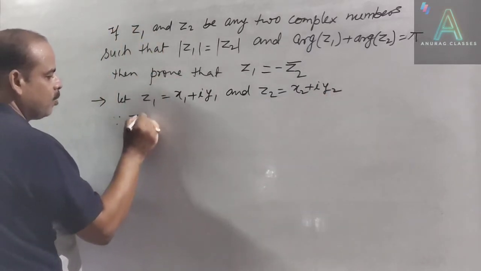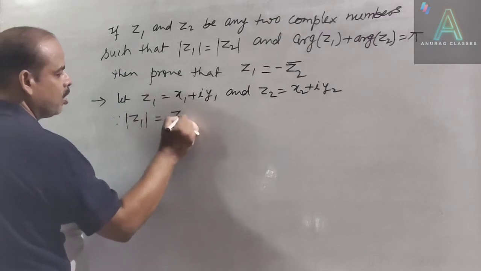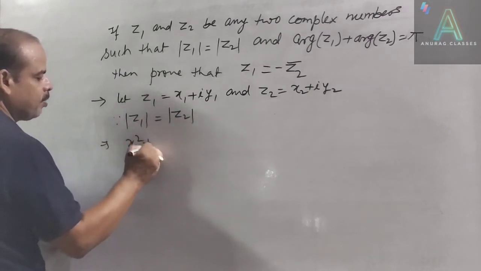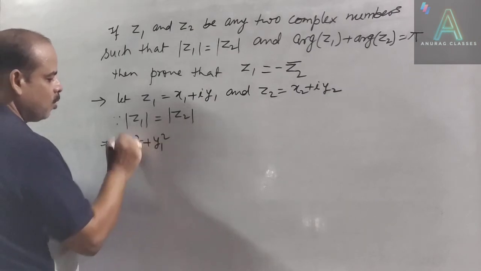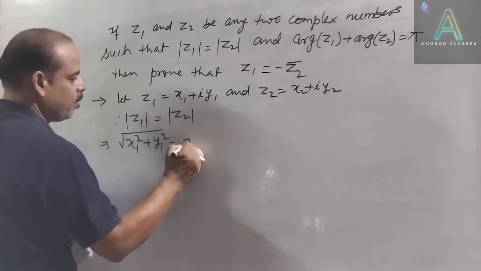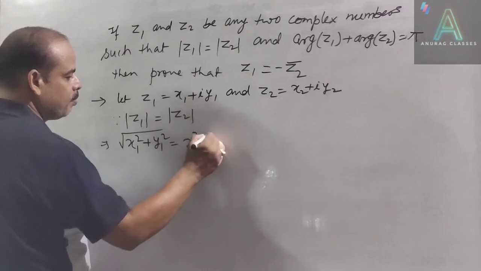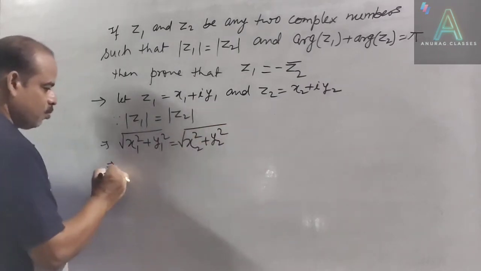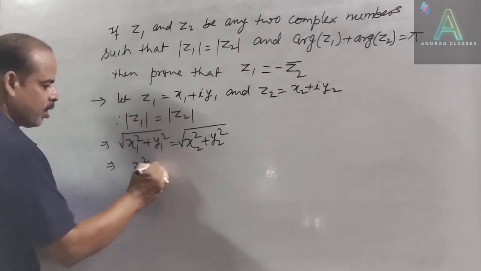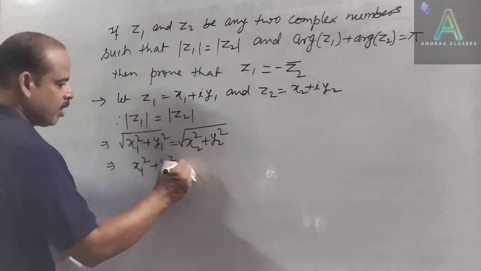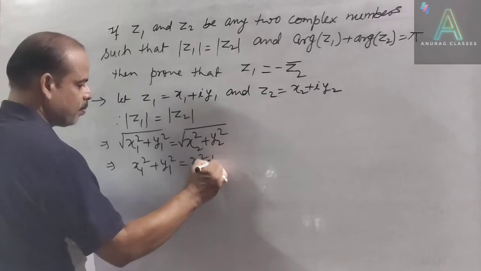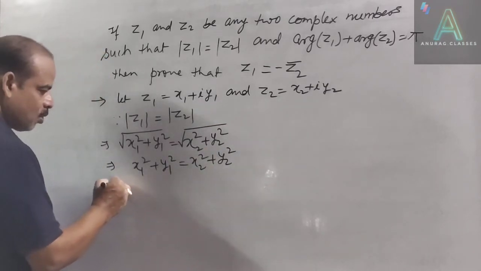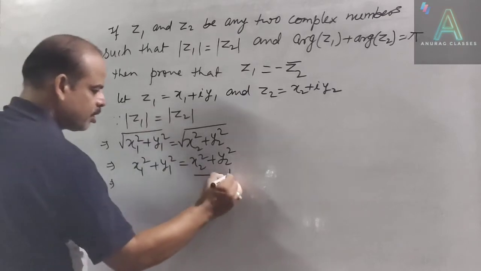Since mod Z1 is equal to mod Z2, therefore under root x1 square plus y1 square will be equal to under root x2 square plus y2 square, which will be x1 square plus y1 square is equal to x2 square plus y2 square. Call this relation 1.